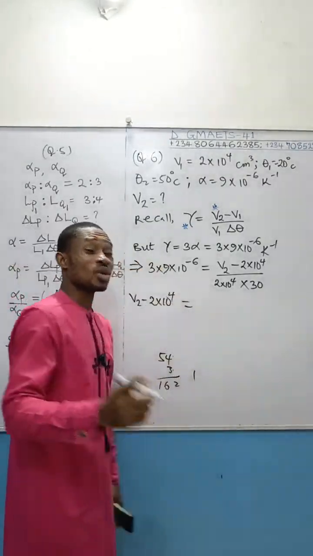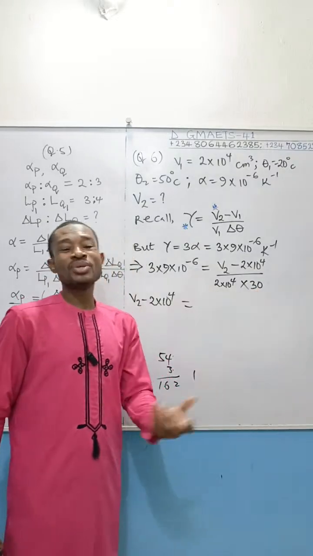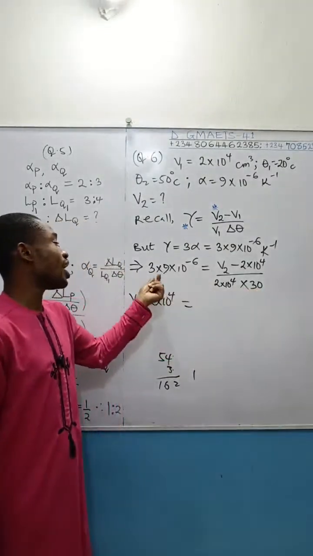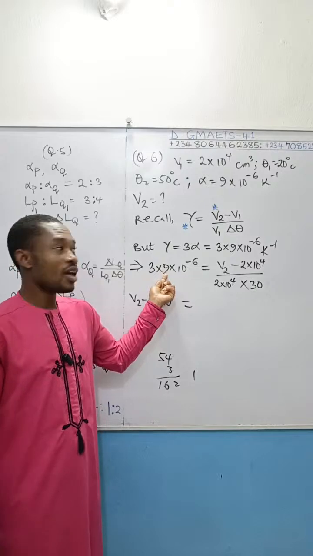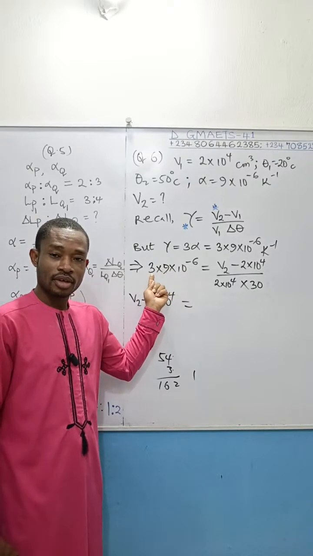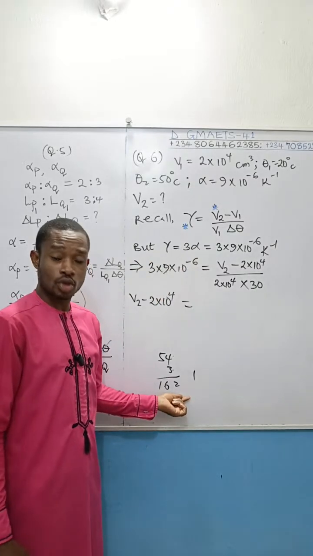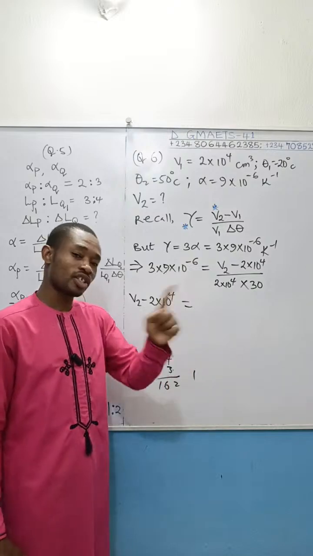If you like, multiply 2 times 30. You still get the same thing. 2 times 30 is 60. 60 times 9 is 540. Then 540 times 3. You multiply that 54 by 3 first, you get 162, and then attach 0 at the back, which is going to be 1,620.